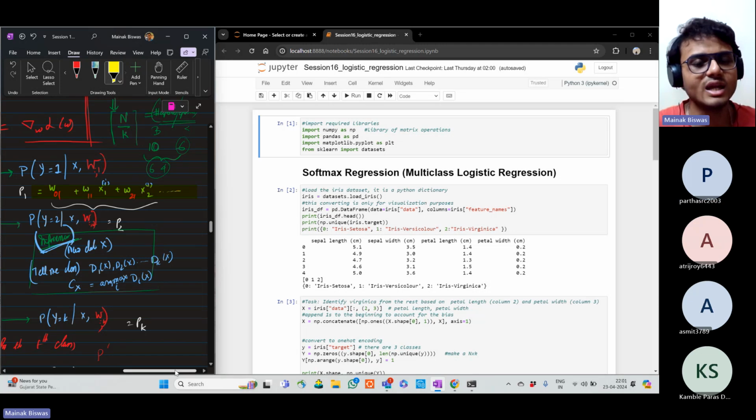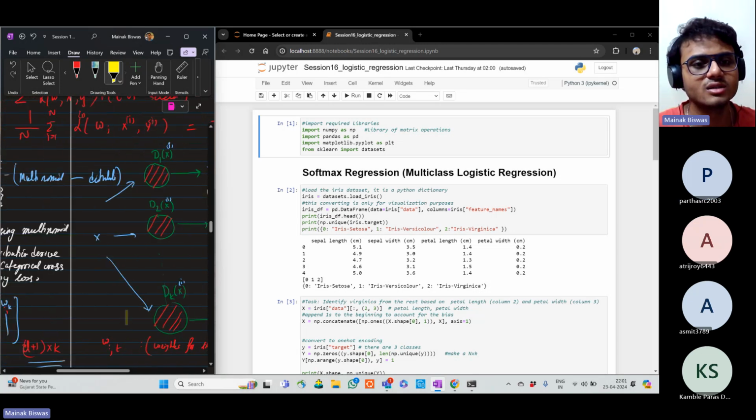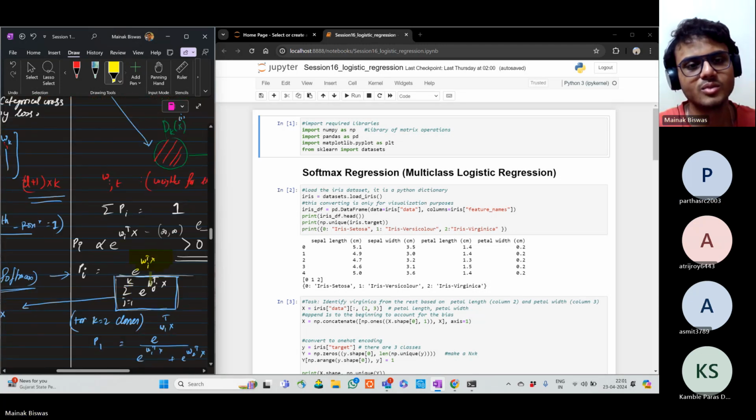You can have any neural network over there, and still that will give me a number, and then you can have e to the power of that. So this MLE formulation does not change.